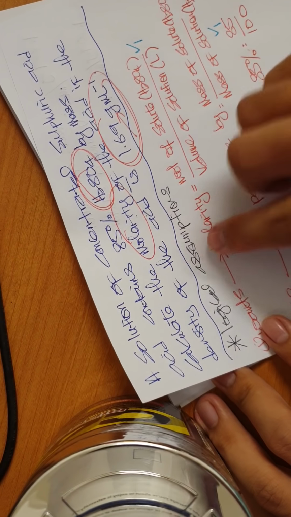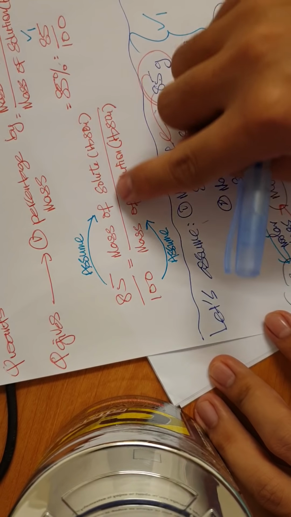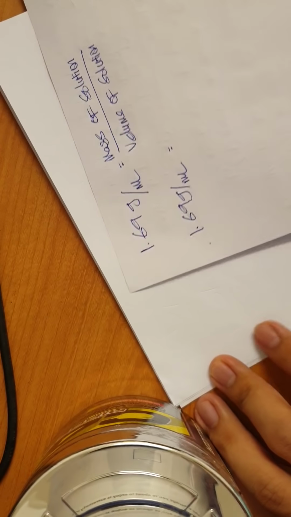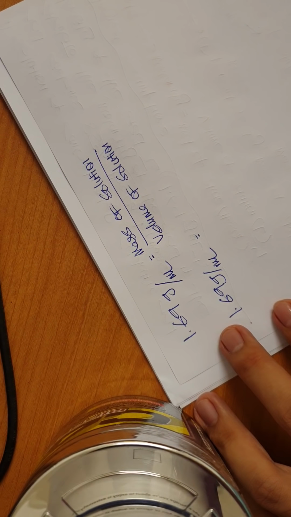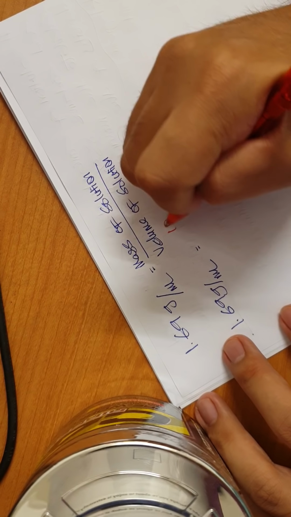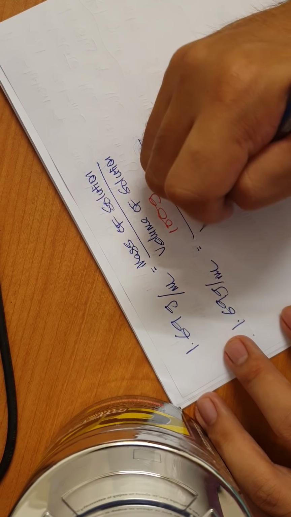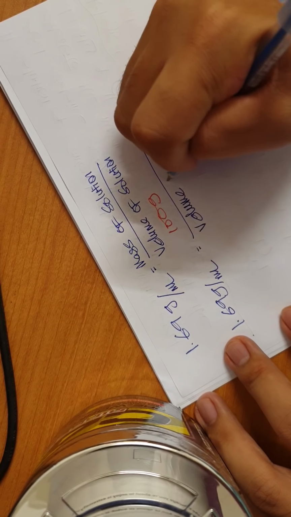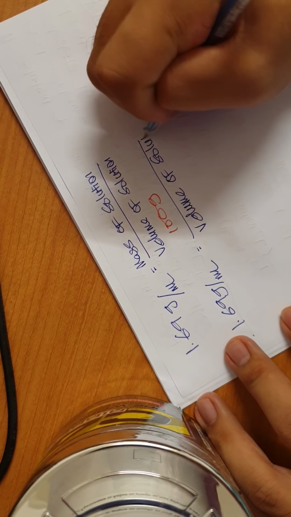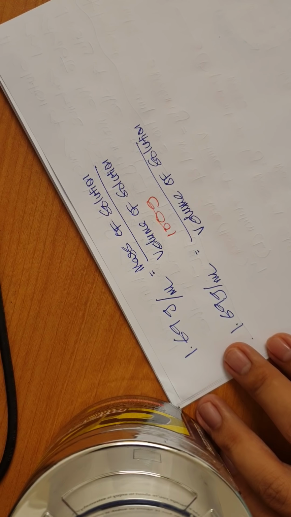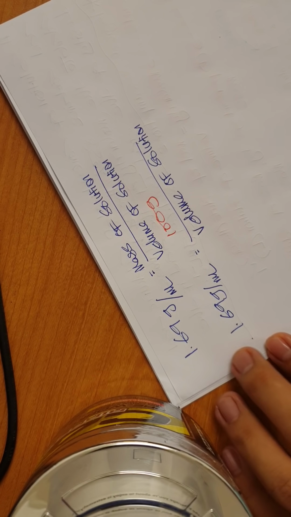So that's why we need to do the logical assumptions. And from the logical assumption, we have got the mass of solution over here. And I'm just gonna put the mass of solution, 100 gram per volume of solution. So what is the volume of the solution then?